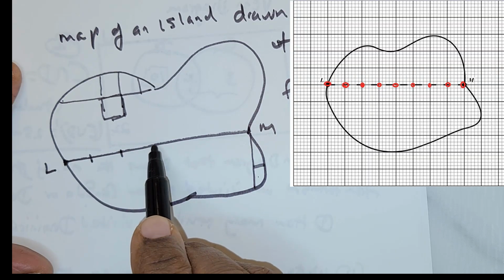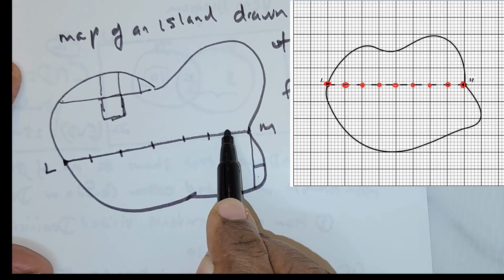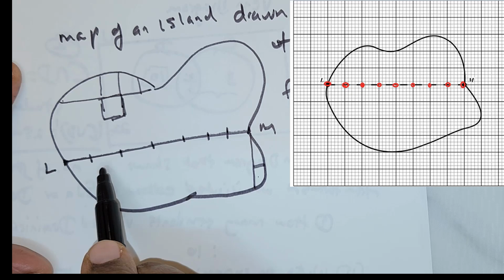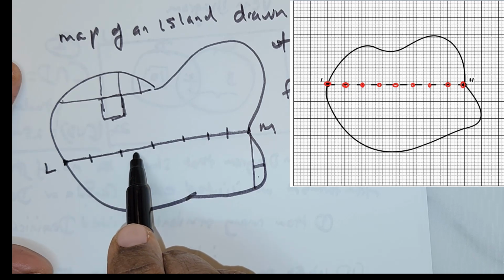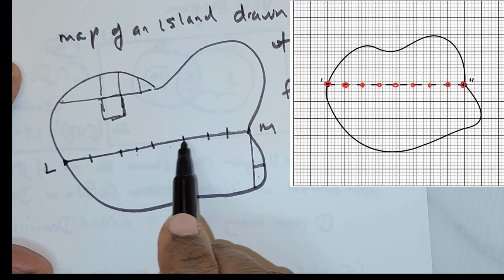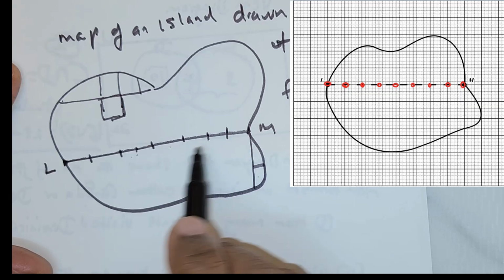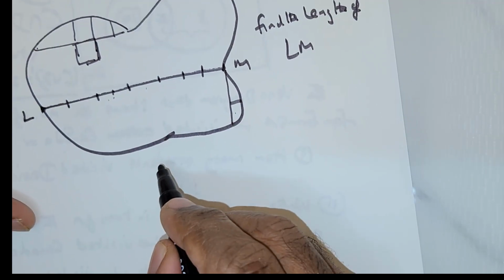So this is 1, 2, 3, 4, 5, 6, 7, 8. Okay. So you have to count these squares.